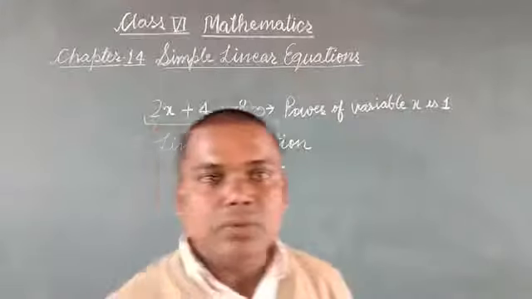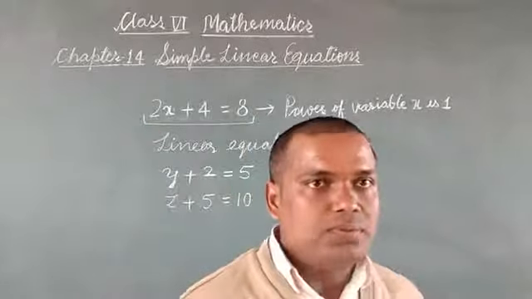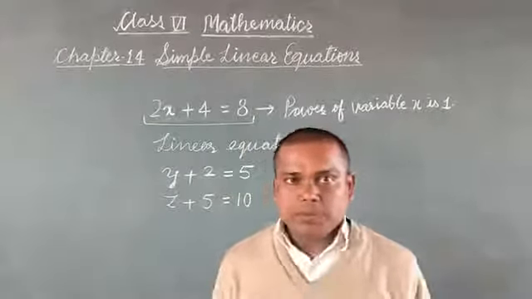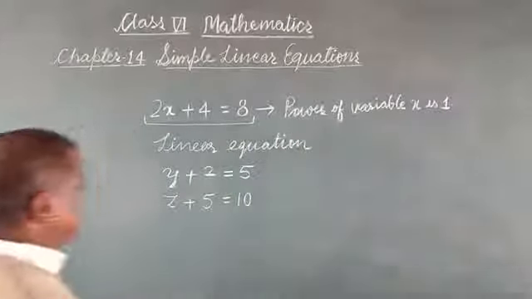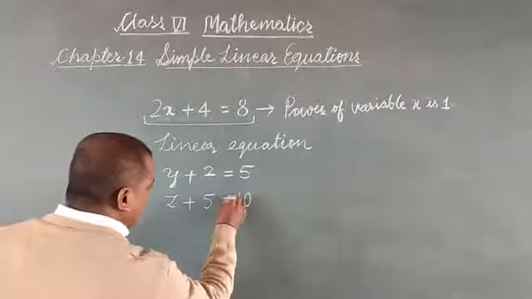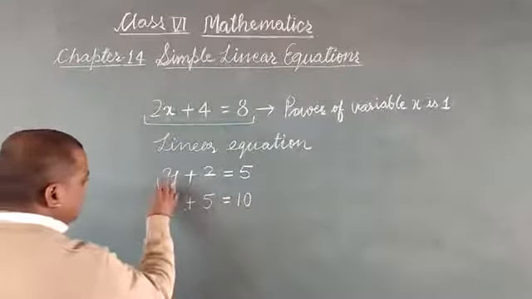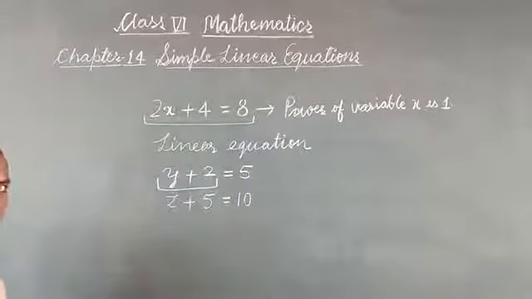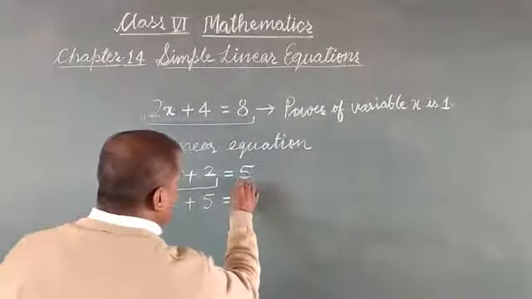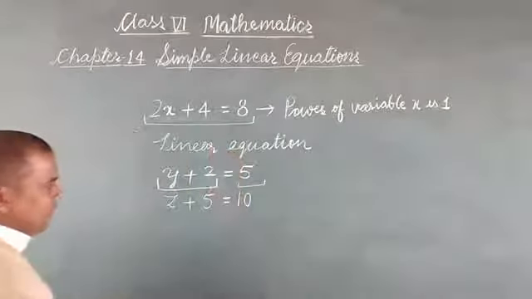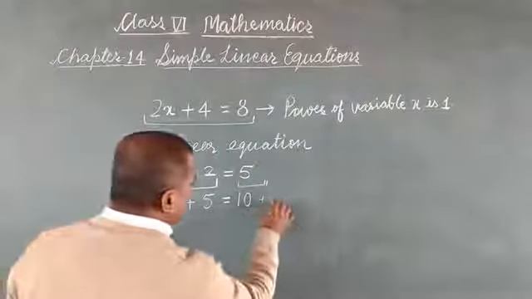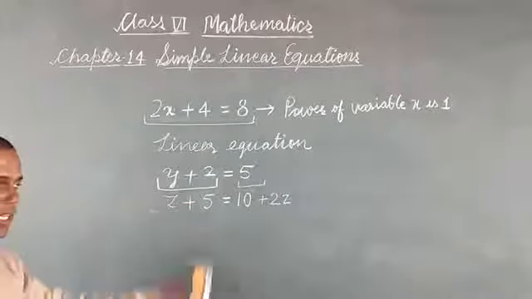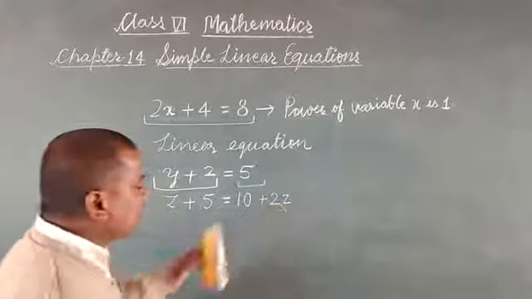Now here is the sign of equality. To the left of the sign of equality we are having an expression, and to the right of the sign of equality we are also having an expression. Suppose here I am writing 2z, even then it will be a linear equation.